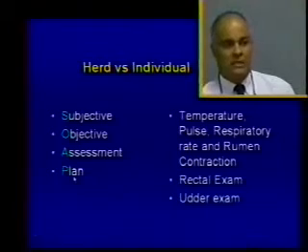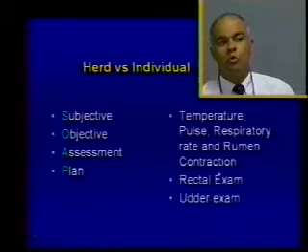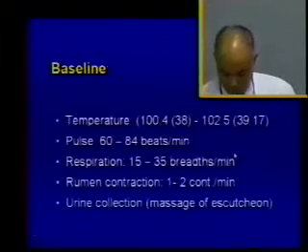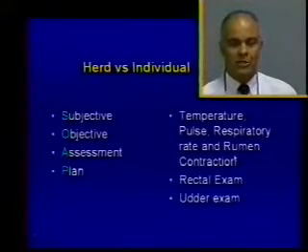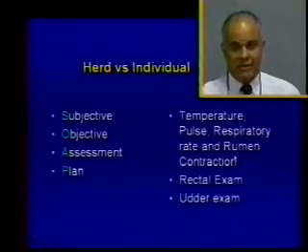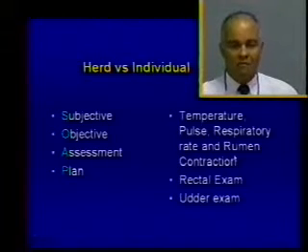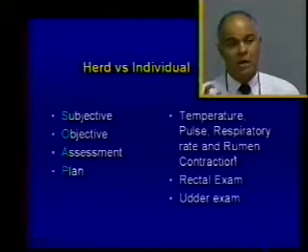in food animal medicine. As part of a physical exam, we take the temperature, just like in other species, the pulse, the respiratory rate, and rumen contraction. It is a very important component of the physical exam, rumen contraction. If a cow is sick, the first thing that will happen is she goes off feed and she doesn't eat.